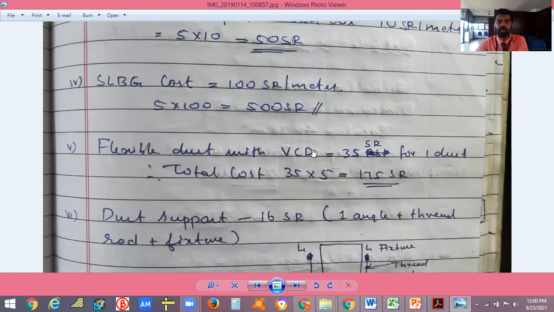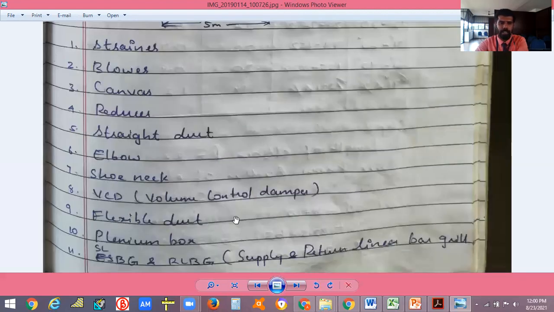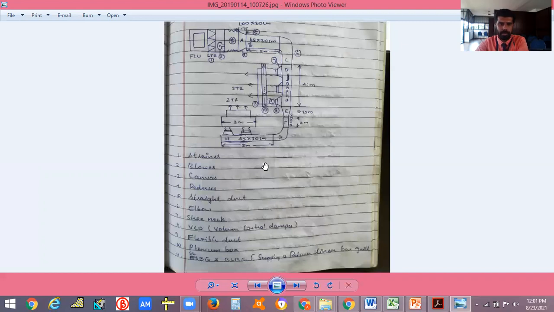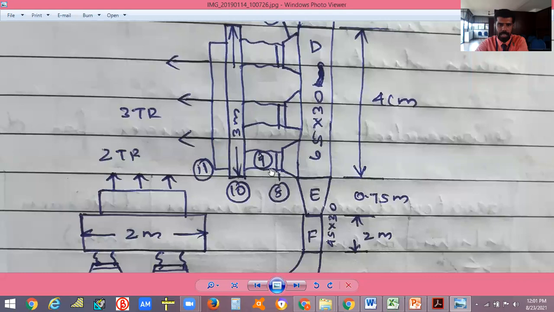Now flexible duct with VCD is 35 Saudi Riyal for one duct. Okay, 35 Saudi Riyal for one duct. So we can see where is VCD. Flexible duct with VCD, 8 and 9. You can see this is the flexible, this is the VCD, then this is the flexible duct 8 and 9.